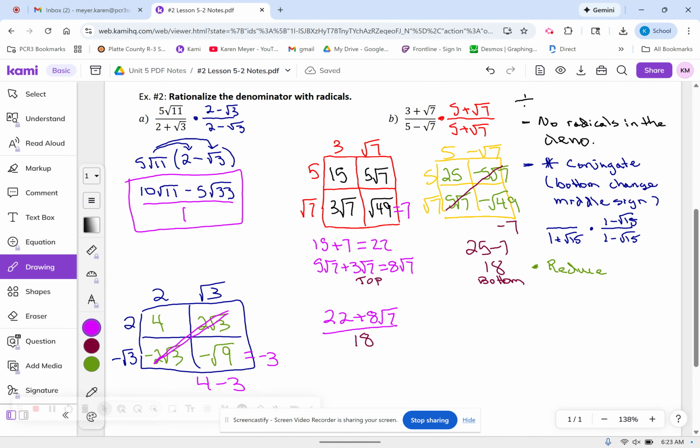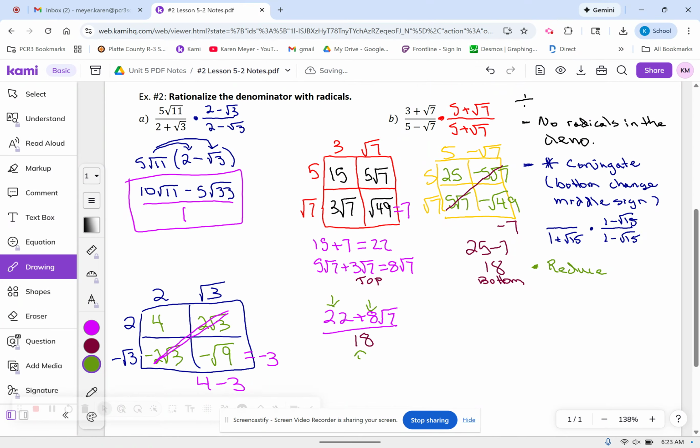Okay. Now remember, we're going to look to reduce, and when we reduce, you reduce all the numbers that are not inside of a root. Okay, so we're looking at the 22, the 18, and the 8. All of the numbers that are not inside of a root.